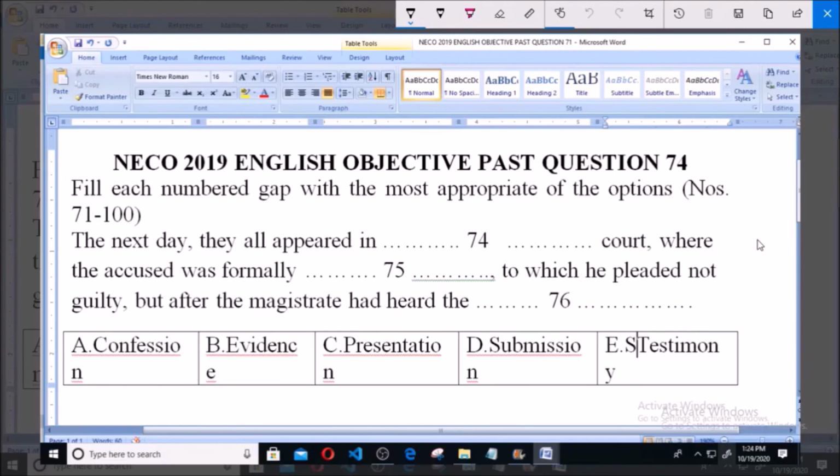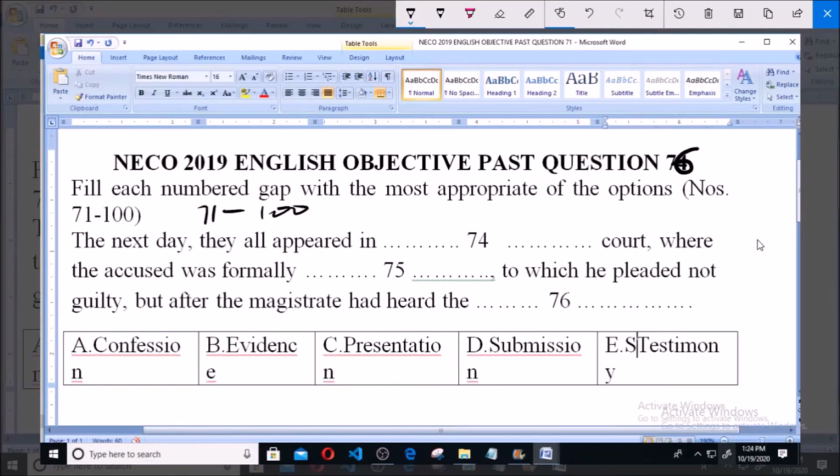Welcome. This is NECO year 2019 English objective past question, question number 76. The instruction here says fill each numbered gap with the most appropriate of the options. This applies to questions from 71 to 100.